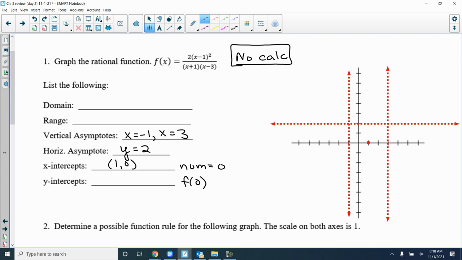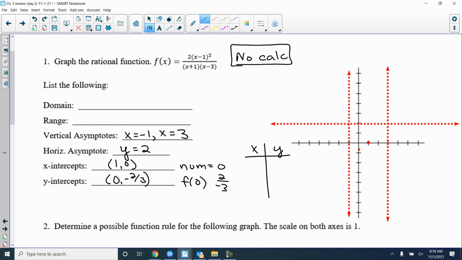It looks like I'm going to get 2 on top. I'm just going to do it on the side first. And then what about 0 here? That'll give me a 1, a -3. All right, I got -2/3. Can anybody agree with me or disagree with me? Tim, is that yes? All right, so 0, -2/3. So I'm going to put a dot there. 0, -2/3.